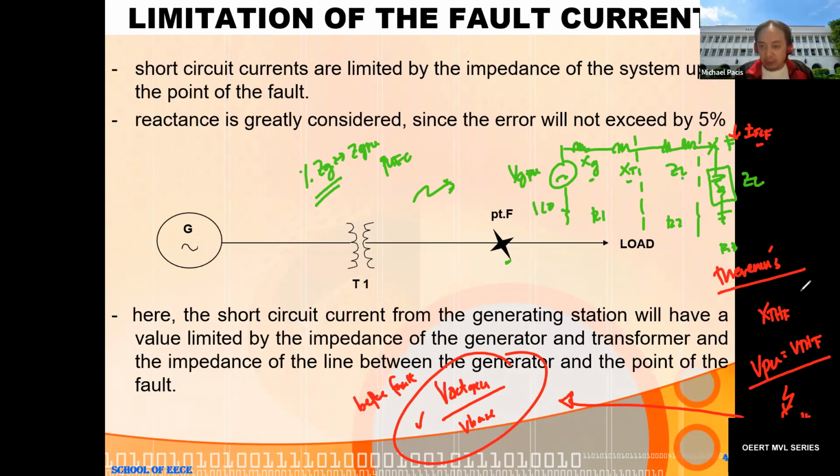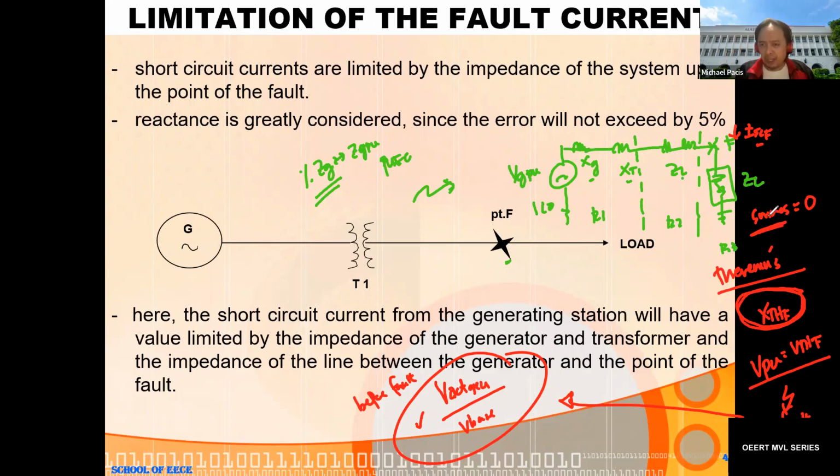And please take note, in order to get the Thevenin's reactance, you need all of the sources to be equal to 0, and then get the reactance or impedance up to the fault point. That's why it is XTH up to fault F. Now, the sources that I'm talking about here can be a current source or voltage source.